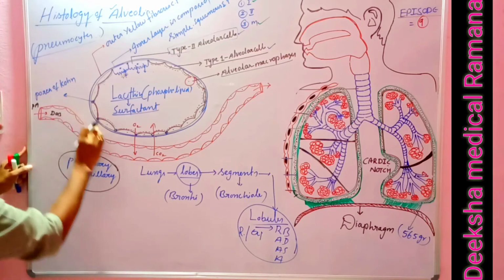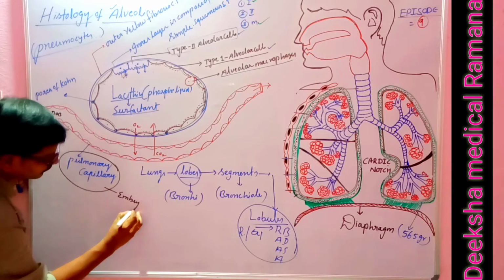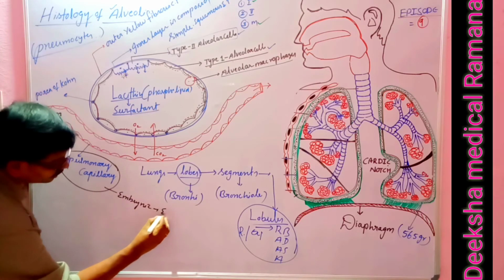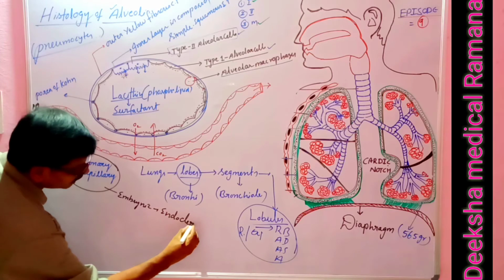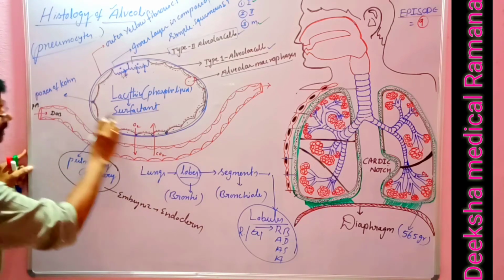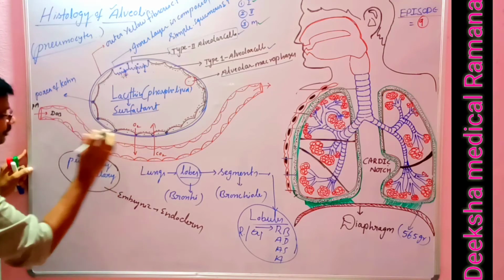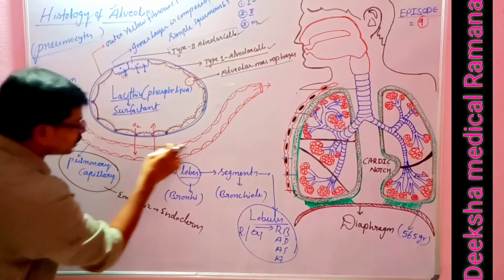These pulmonary capillaries are formed from the embryonic endoderm. Very important. These are embryonic endodermal cells. These pulmonary capillaries surround each alveolus, where the exchange of gases takes place. That means deoxygenated blood becomes oxygenated blood.